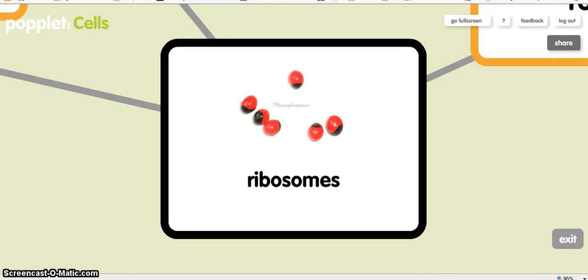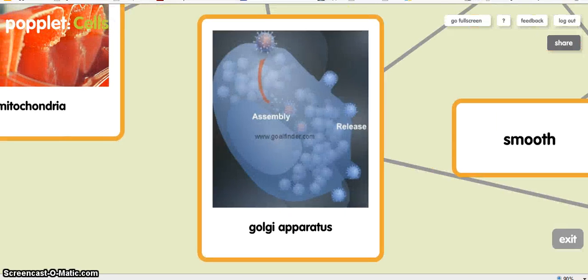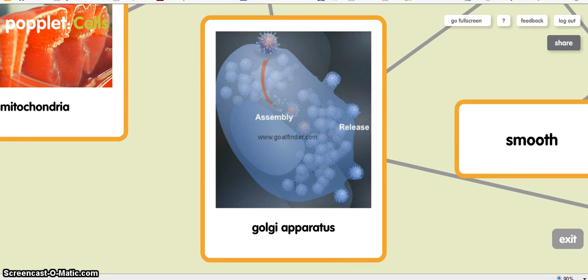Ribosomes are little bumps, basically, on the endoplasmic reticulum, which build proteins and fats, which are sent to the Golgi apparatus. The Golgi apparatus is a series of membranes involved in building and storing and transporting complex molecules through transition vesicles into the cytoplasm and out of the cell through the cell membrane.